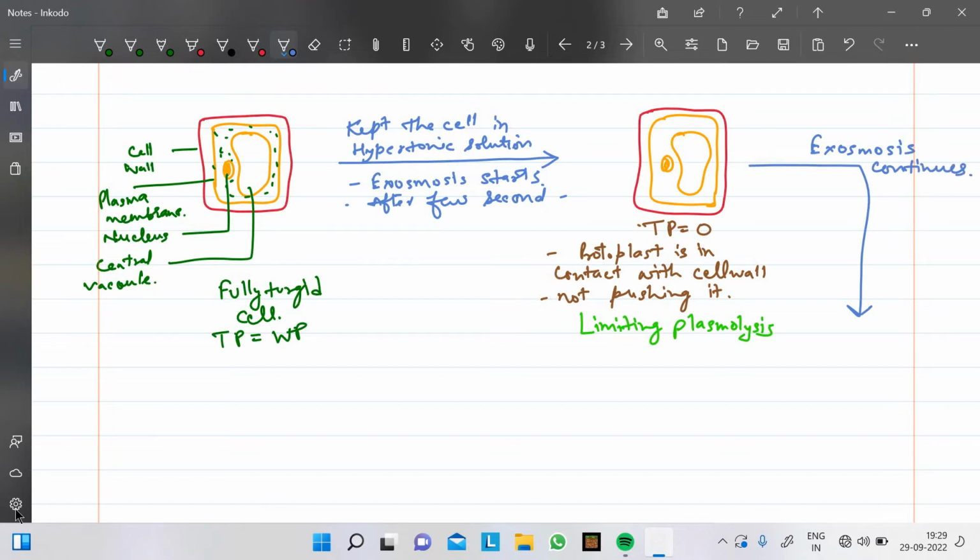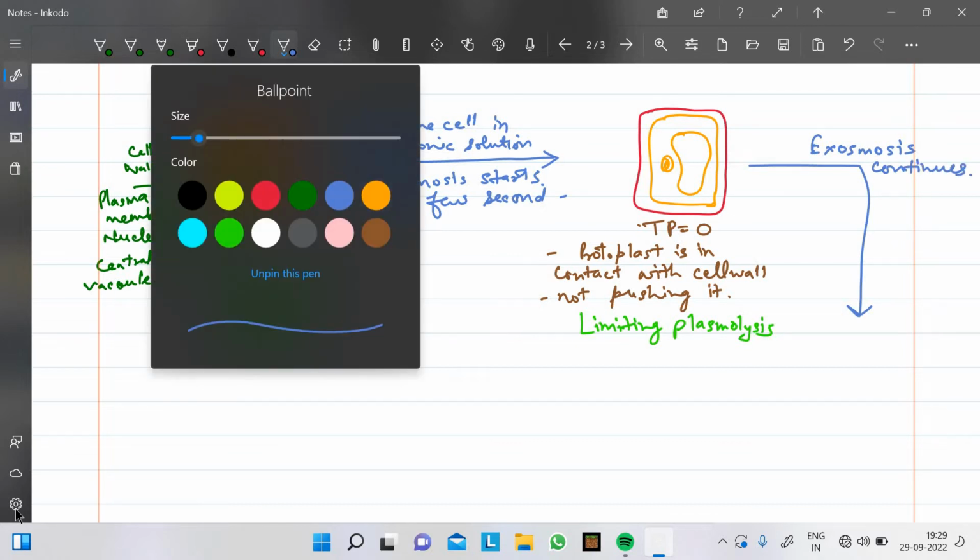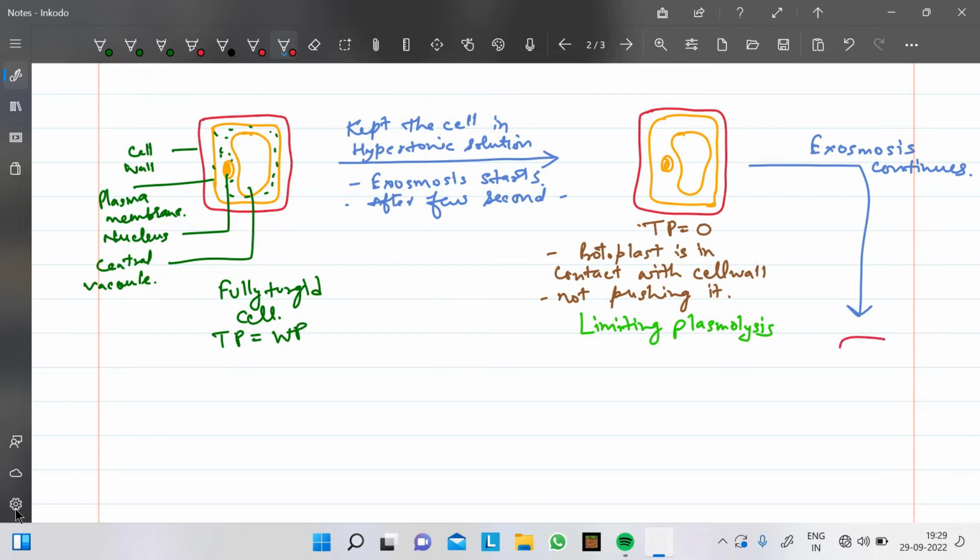What will happen? Again, I am drawing the structure of the cell. Now I will start with the cell wall. Because the cell wall is a rigid structure, it will not shrink, but the protoplast shrinks.